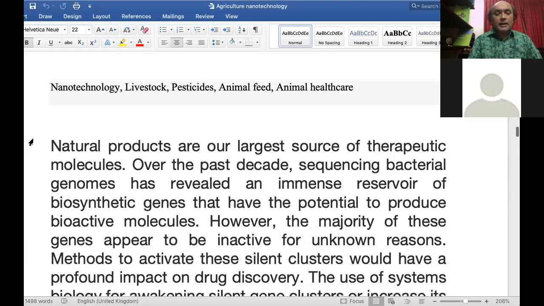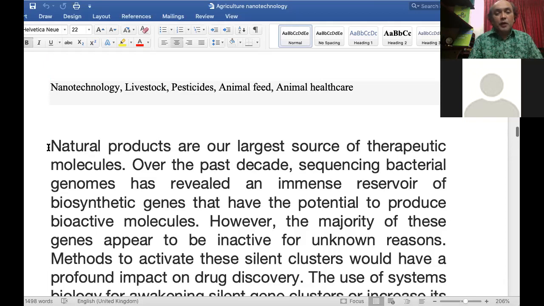Natural products, another approach, are our largest source of therapeutic molecules. Possibly you know the herbal medicine or medicine available in plants and other living organisms which have antimicrobial properties as well as growth promoting properties for humans and other animals. They are called natural products.